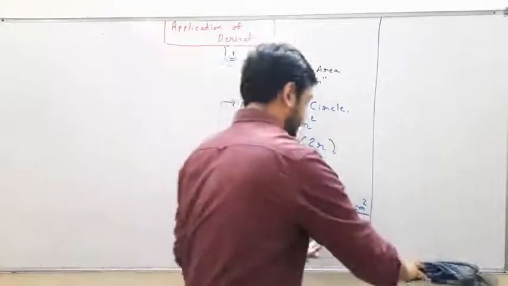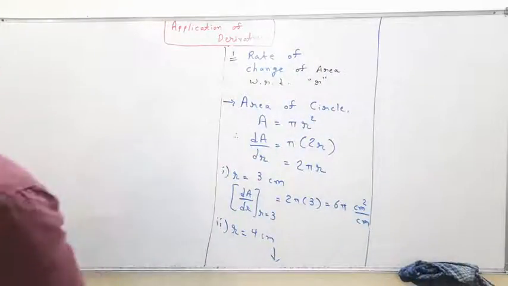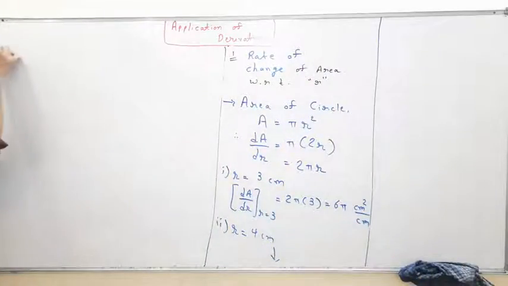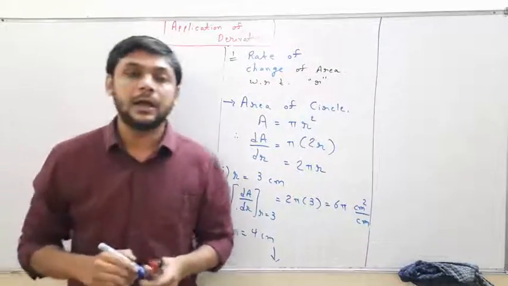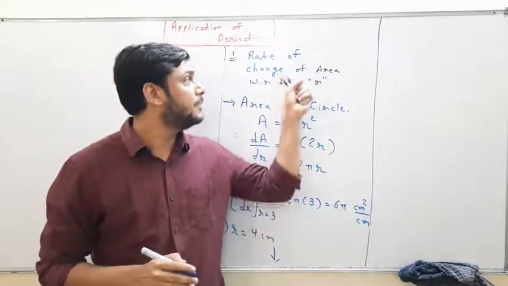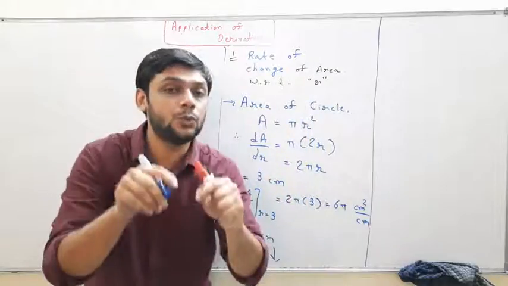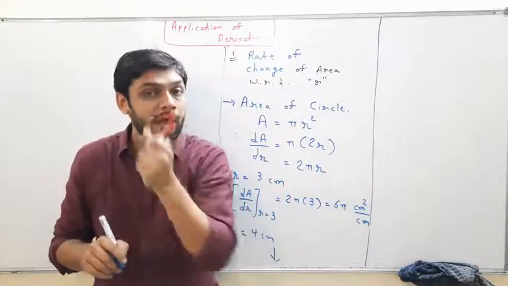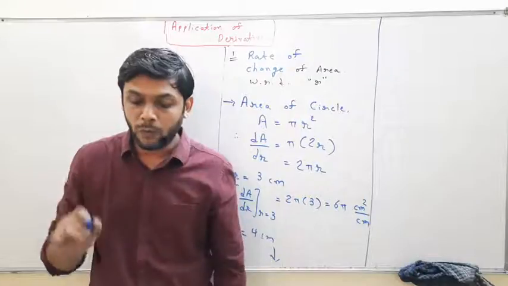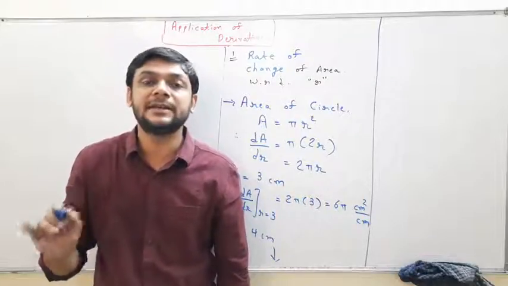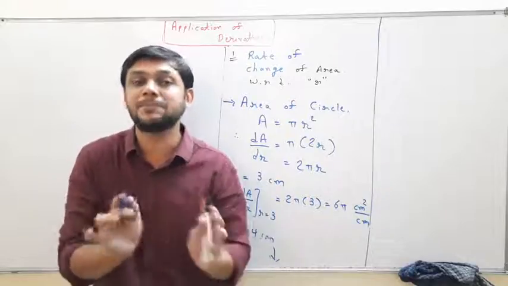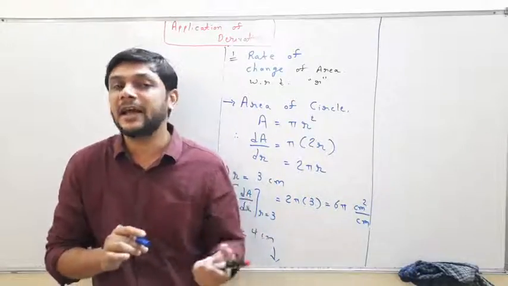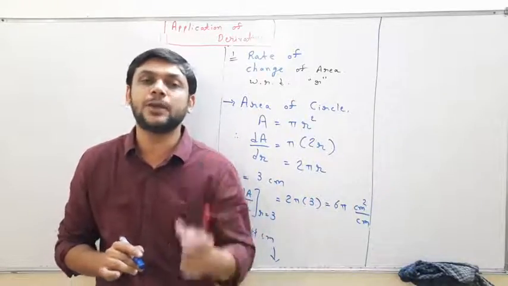Second question: the volume of a cube is increasing at the rate of 8 cm cube per second. Here, the rate is given only, with nothing like with respect to. So when only a rate is given, that is always with respect to time.